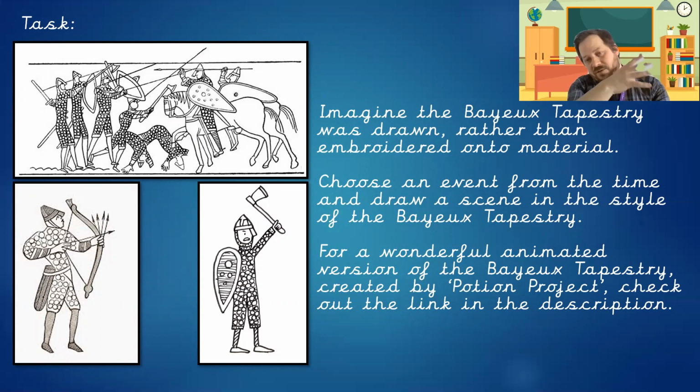Now, there's a few images that we've got over here that you can use as an idea of what you might want to draw, how to draw the people, shields, weapons, horses, and think about how you would put them together. It is quite stylized, so you can obviously follow that sort of style, trying to keep it as similar as you can.